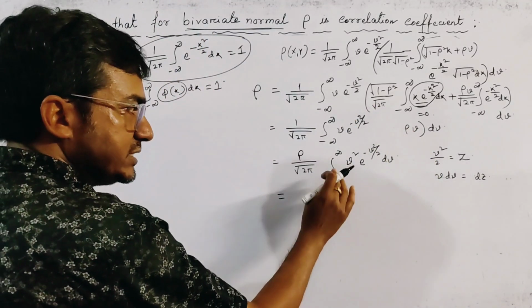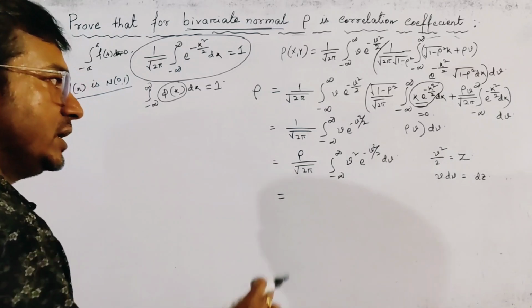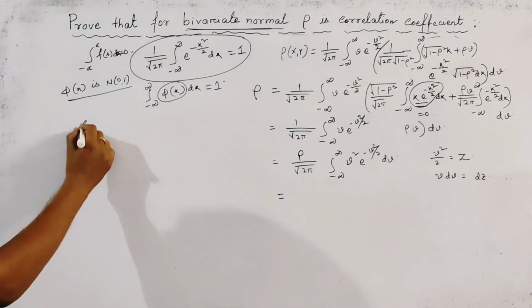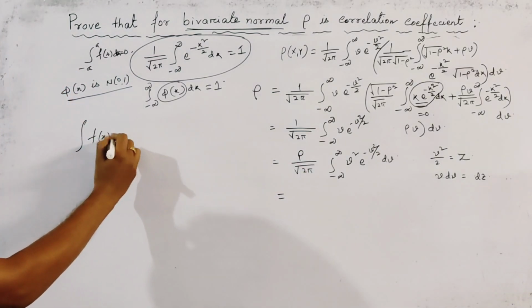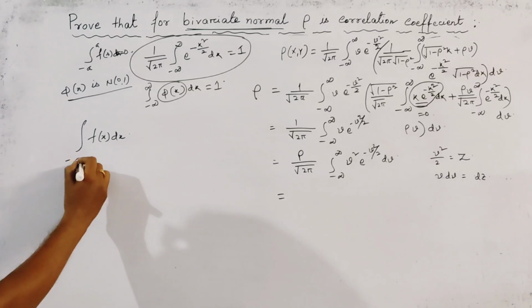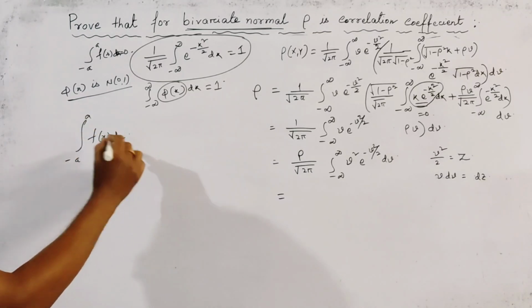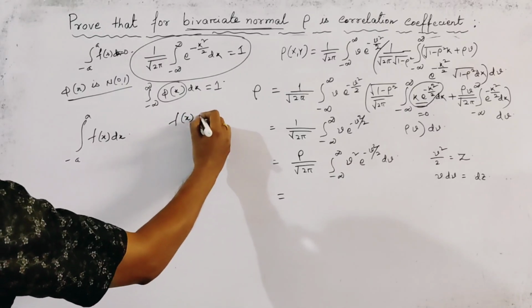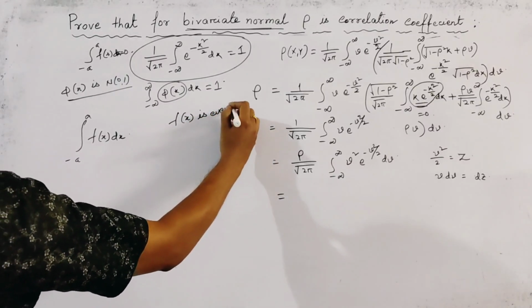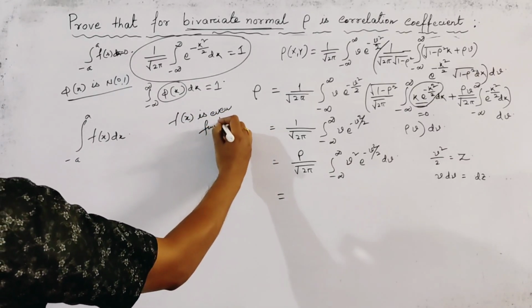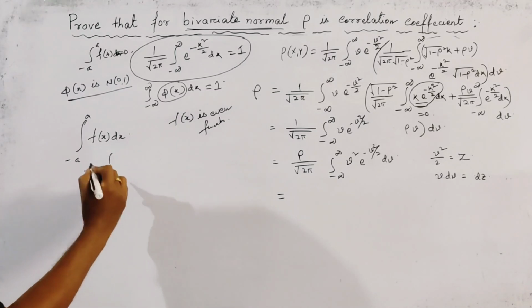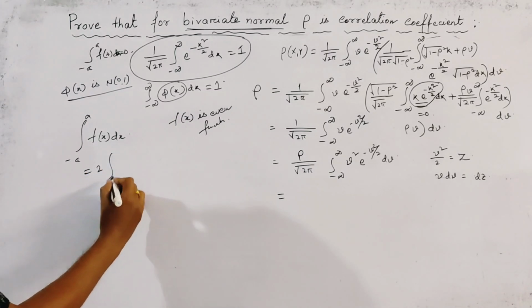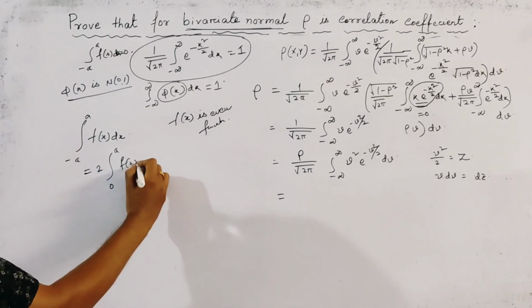Sorry, we first change the range of integration by using the property: if the integral of f(x) dx from minus a to a is such that f(x) is an even function, then we can write this integration as 2 into the integral from 0 to a of f(x) dx.